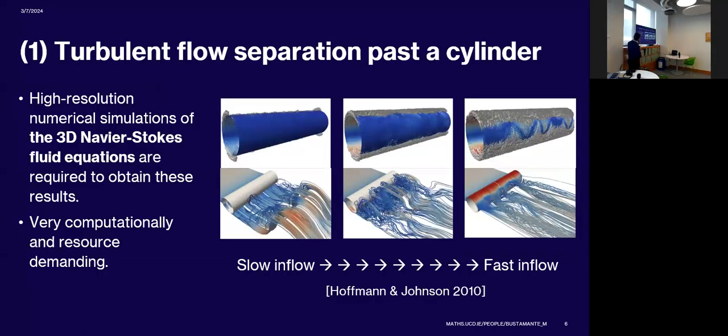Okay, so here's an example of a nice problem that involves all these nice conversations. So again, you can think of it as the problem that Leonardo was studying, the flow past a cylinder.